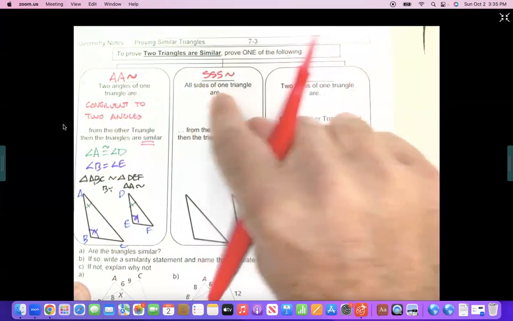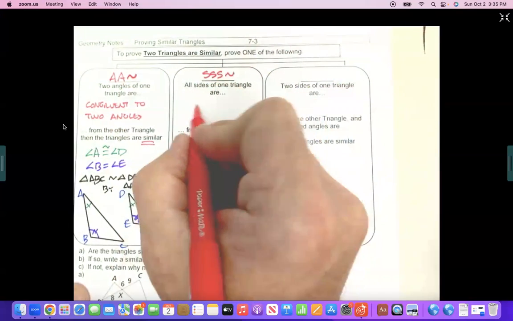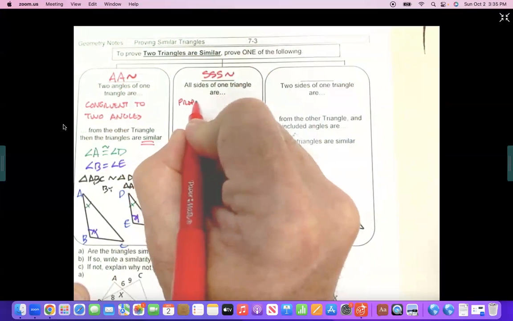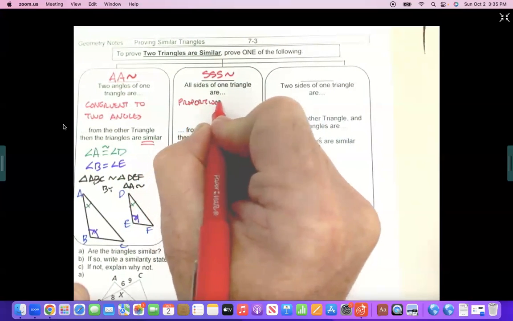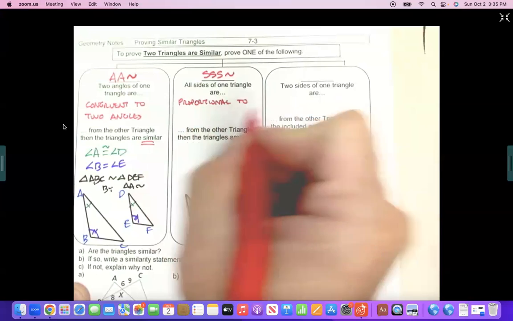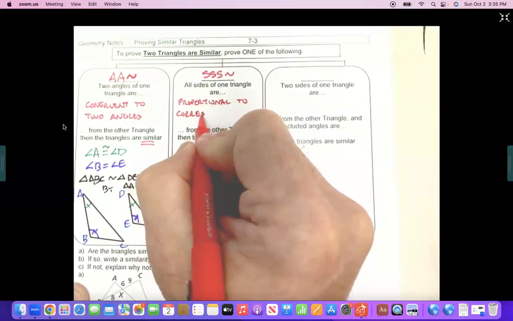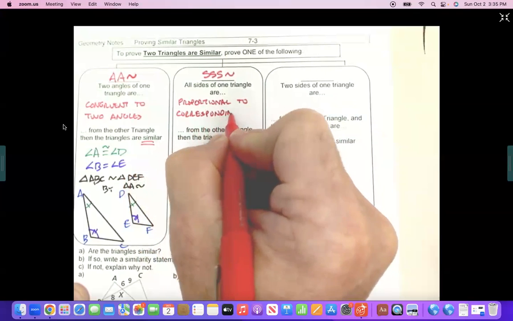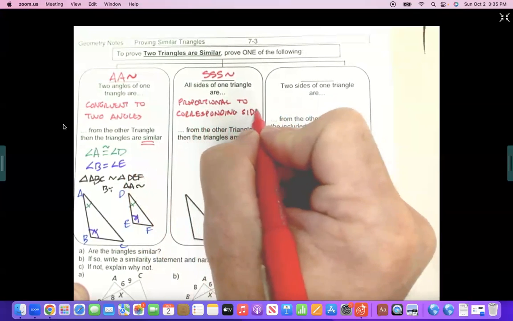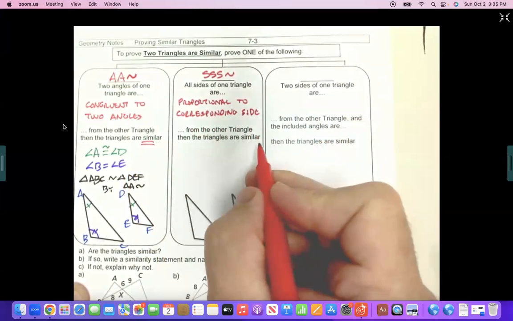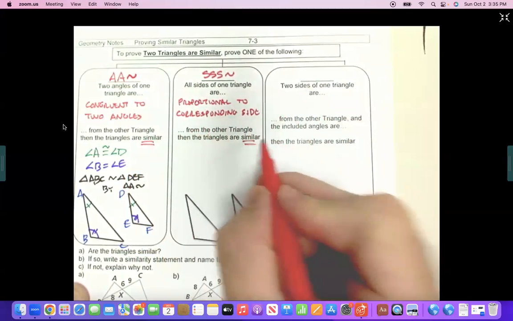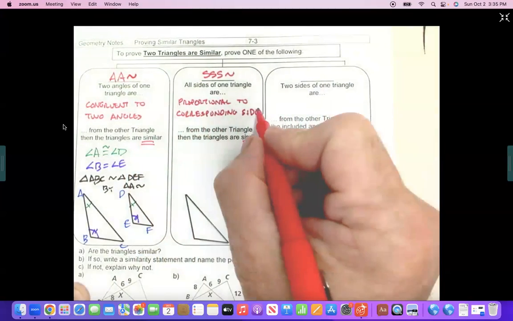This one says all sides of one triangle are proportional to corresponding sides from the other triangle, then the two triangles are similar.